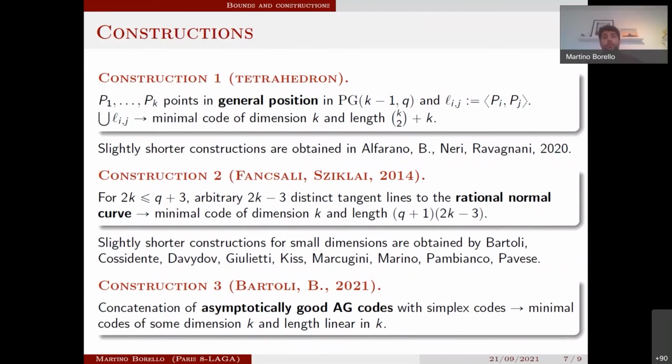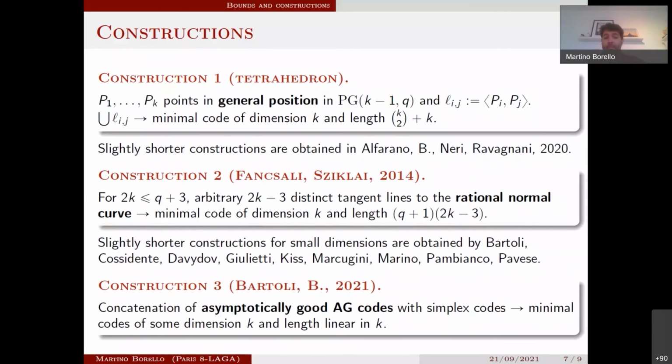It is a weakness in some sense, because you would like to have a short construction for all K, from a coding theoretical point of view, at least. And there are slightly shorter constructions by many authors. I pointed out some of them. I hope I didn't forget someone.